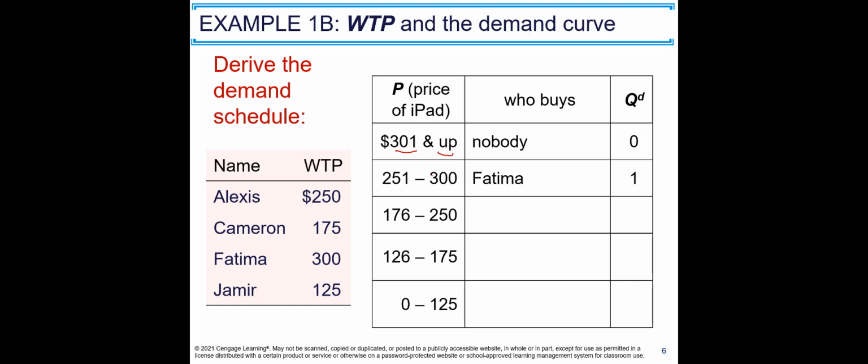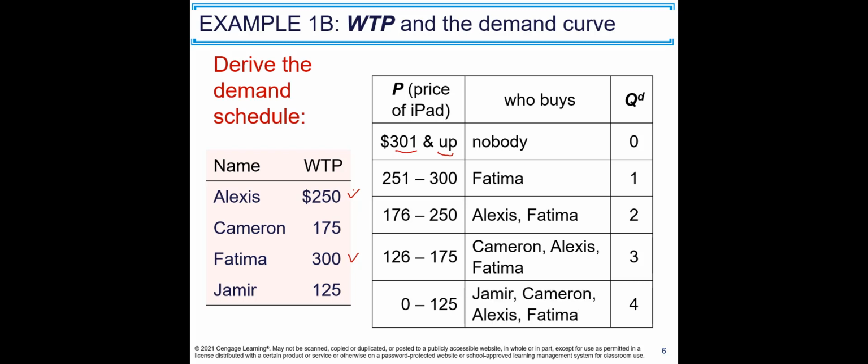If the price is between $176 and $250, Fatima is going to buy, Alexis is going to buy, therefore quantity demanded is 2. If the price is between $126 and $175, then Cameron, Alexis, and Fatima are going to buy. Quantity demanded is 3. If the price is between 0 and $125, then all 4 buy, and therefore quantity demanded is 4.